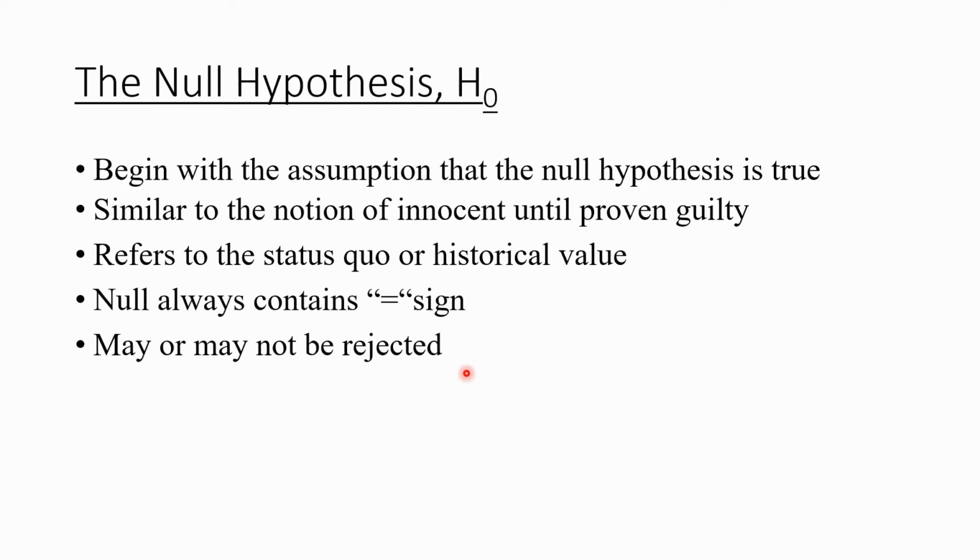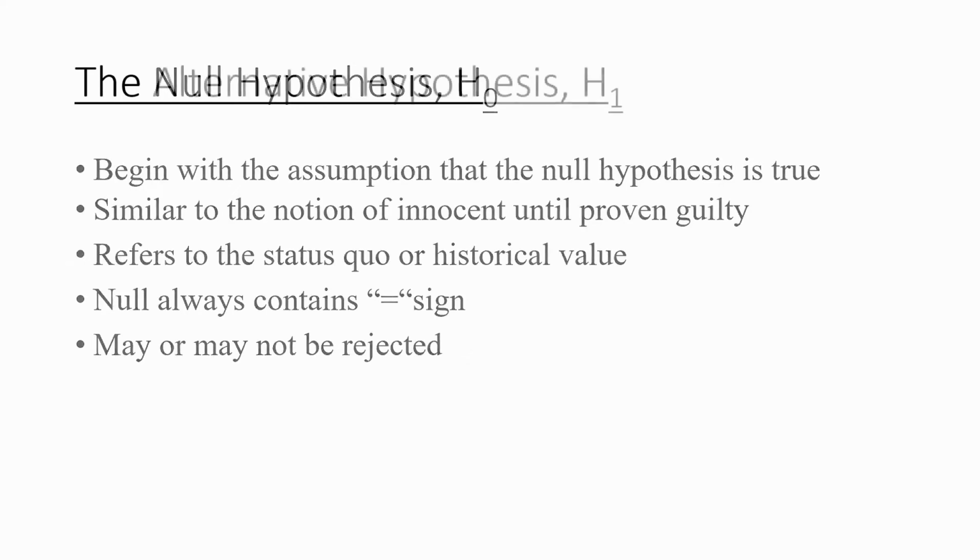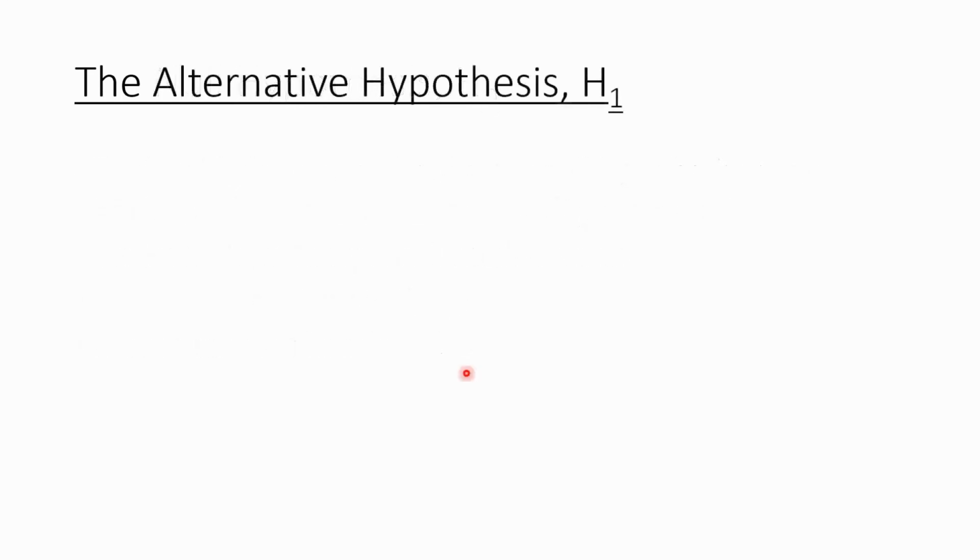If you have a null hypothesis like this, where you assume that the null hypothesis is true and you test this, you have another hypothesis called alternative hypothesis, where you use the symbol H1. For your null hypothesis, you used H0. So obviously, your alternative hypothesis would be the opposite of the null hypothesis.